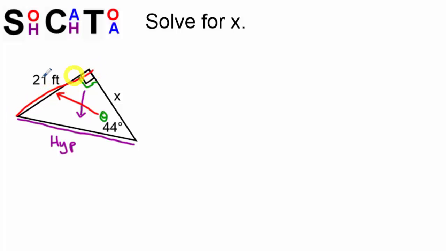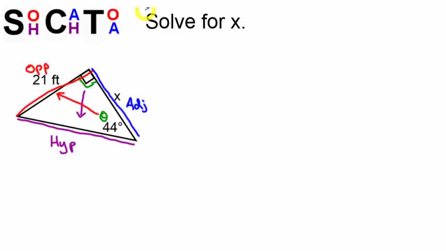This side right here with the 21, that's the opposite side. And then the third side to label, the last one that's left, that is called the adjacent side. The word adjacent means next to, and the reason why we call this side adjacent is because it's next to the theta.